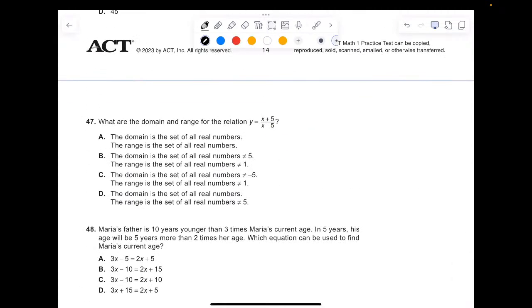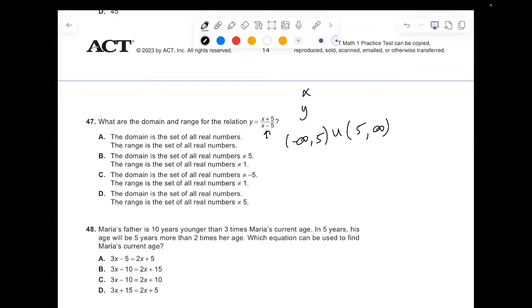What are the domain and range for the relationship? Domain is going to be the x values it's viable for. Range is the y values. We cannot have 5, so it's going to be from negative infinity to 5, and then 5 to infinity.